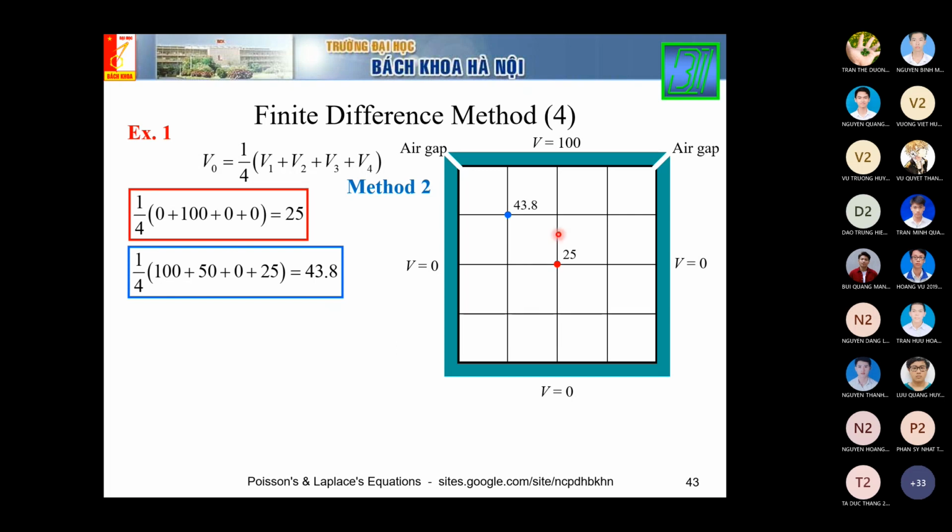And we found here the potential of this node. Are you all right? Any question?